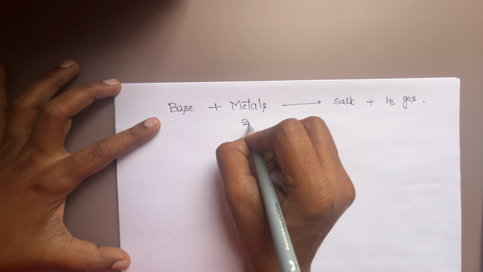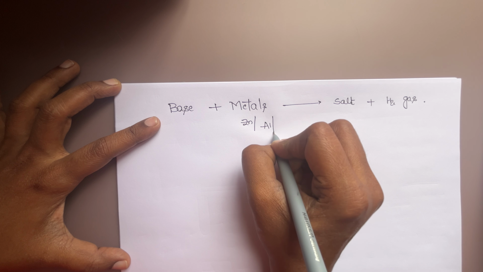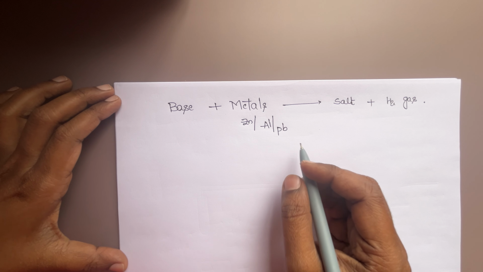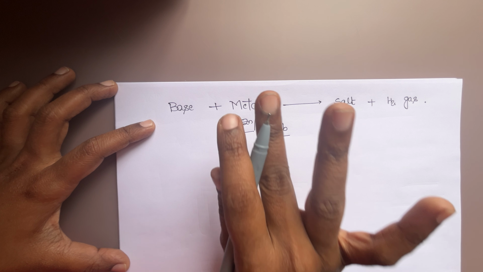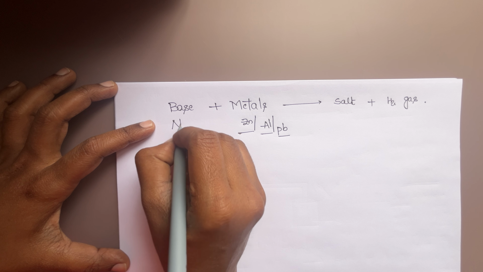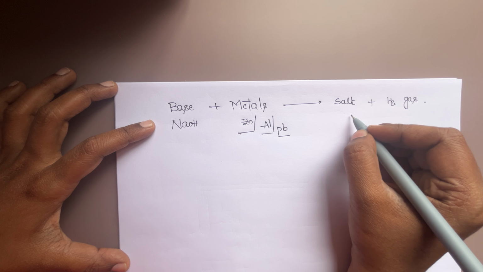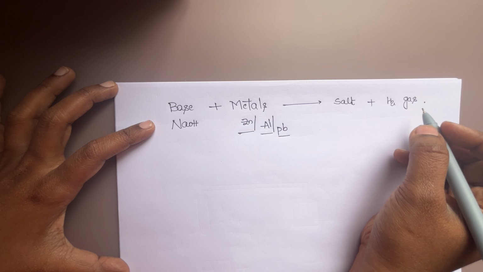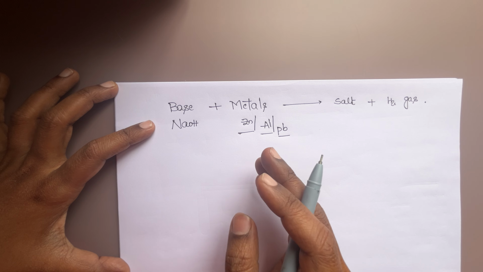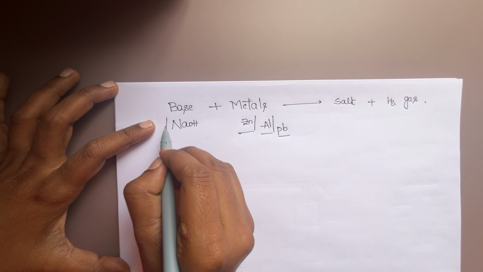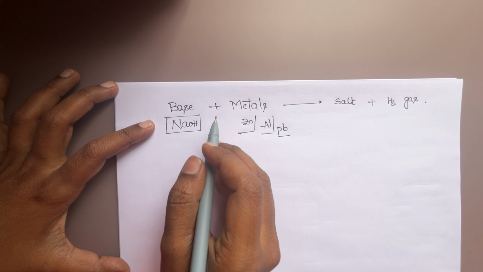Only metals like zinc, aluminum or lead react with bases like NaOH, and then only they will form the salt and hydrogen gas. The remaining metals like copper, silver, gold usually do not react with bases. This point is very important.